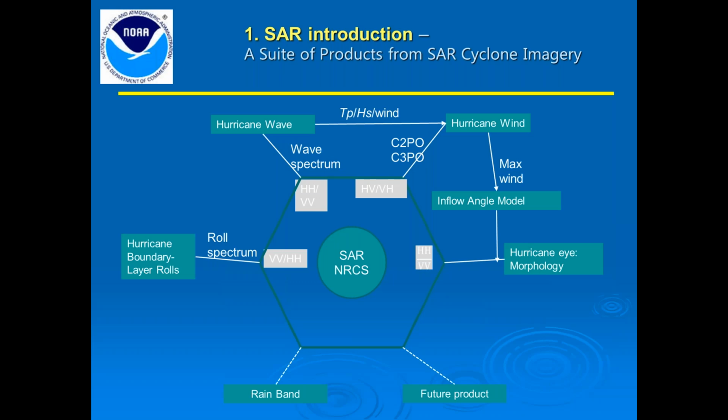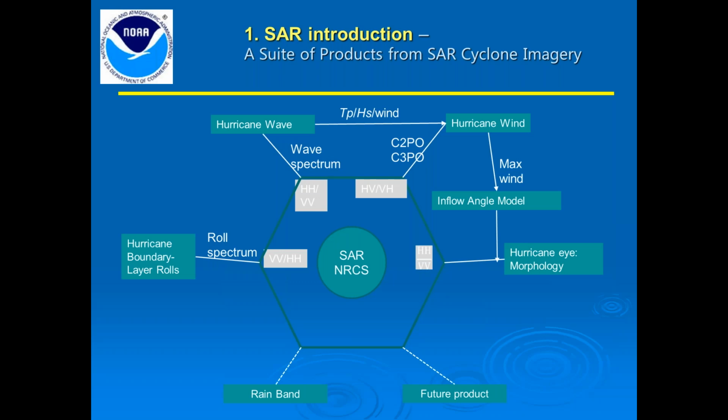This signal comes in different channels, because the SAR instrument can have HH, horizontal transmission and horizontal receiving, and other types of transmission and receiving channels.